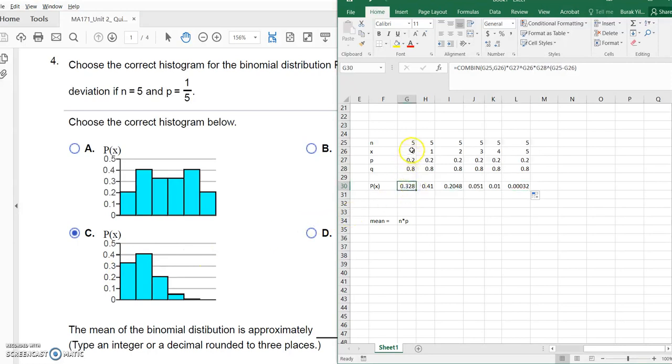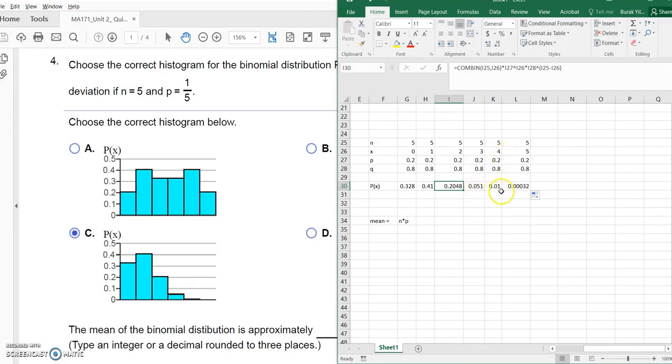So x equals 0, probability is 0.328, so it's slightly more than 0.3, so that's correct. And then for x equals 1, that's slightly more than 0.4, which is correct, 0.41. And x equals 2, the third bar is about 0.2, right there.